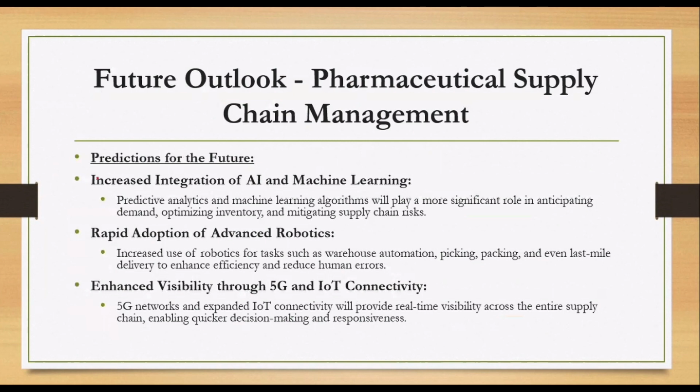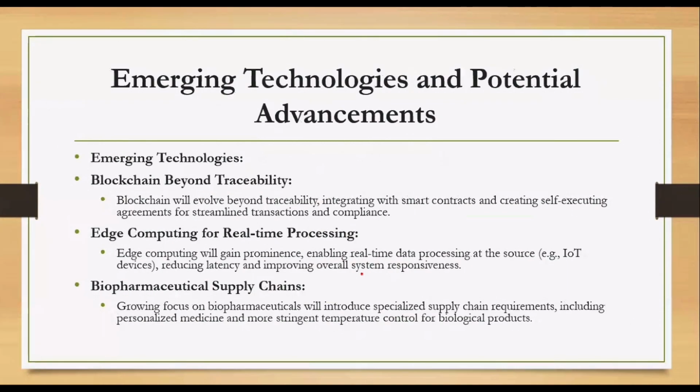Now the predictions for the future that you can see: integration of AI and ML is compulsory, along with adoption of robotics, and then 5G and IoT connectivity for further enhanced visibility. And then blockchain, and one more technology, edge computing, for real-time processing.